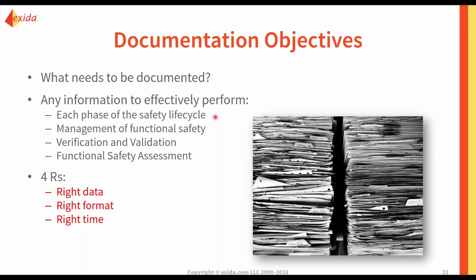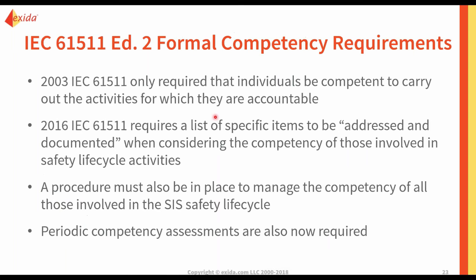Whereas having them defined earlier in the project would avoid some of that iterative loop. And then having them in the right place. So making sure that the documents can be found by the people who need to access them, and that there's a clear and consistent document storage process.